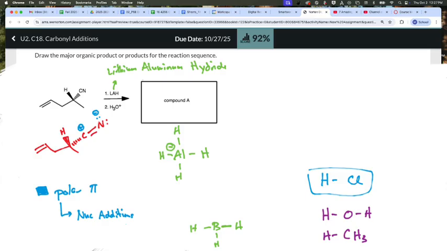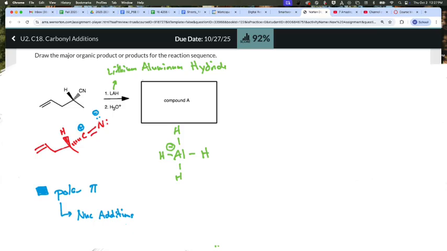So when we're seeing lithium aluminum hydride, the primary reactivity that you should be seeing in that particular reagent would be H minus. And that's not H with a bond, that's H with a lone pair, typically acting as a nucleophile. It does have base characteristics, not acid characteristics.